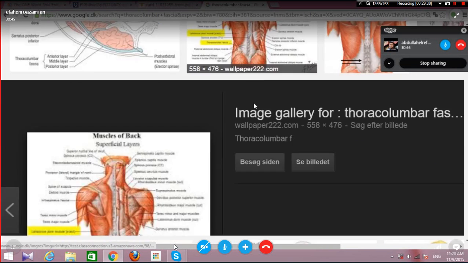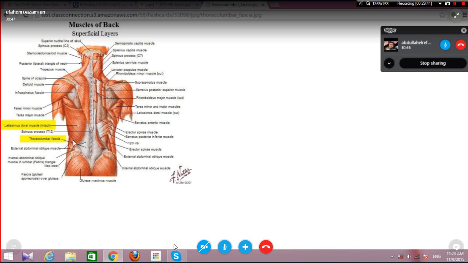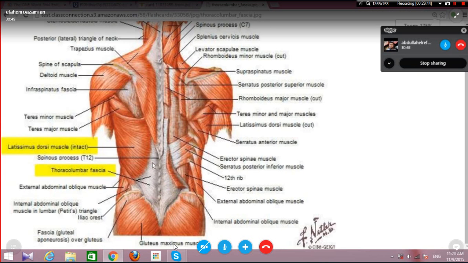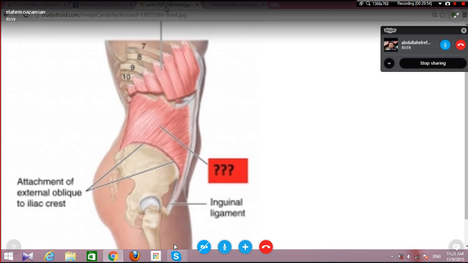Do you remember we said the internal oblique? This is thoracolumbar fascia. Internal oblique originates from thoracolumbar fascia. So this is thoracolumbar on the back.